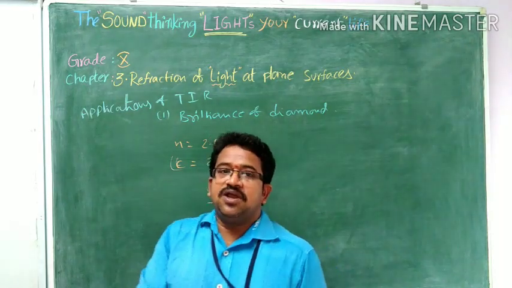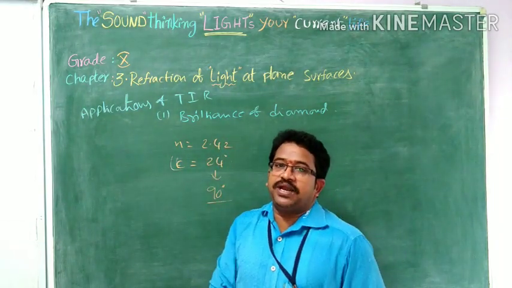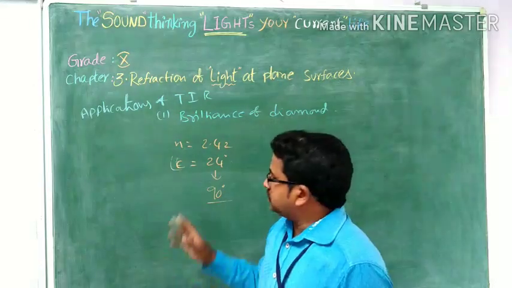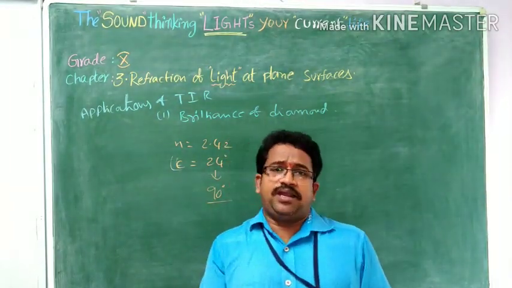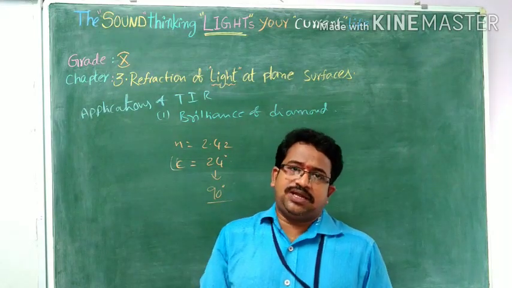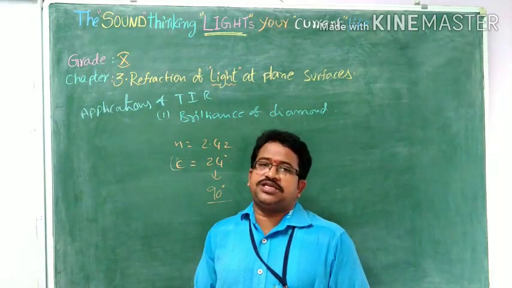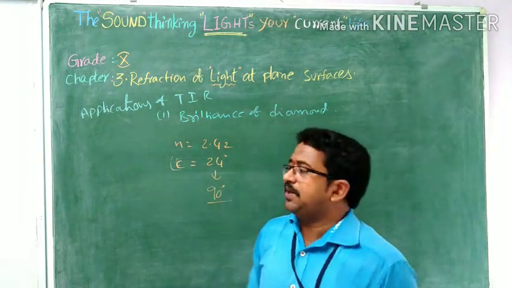That is the reason why diamond is very bright and brilliant, because so many incident angles may be projected towards the diamond. So multiple reflection will take place, so that the diamond becomes precious.